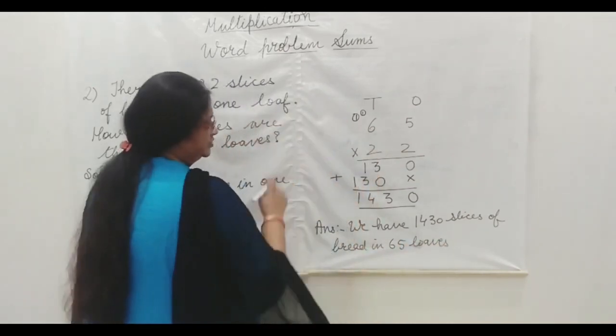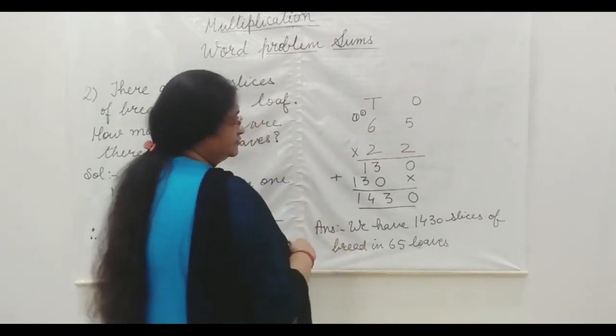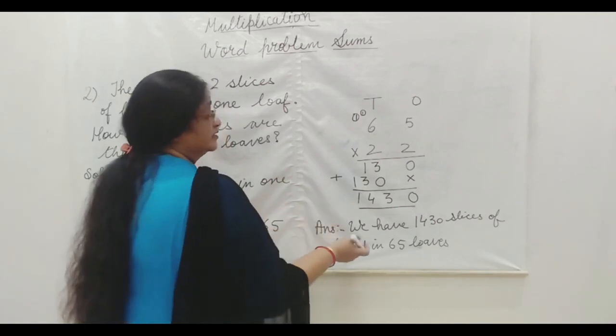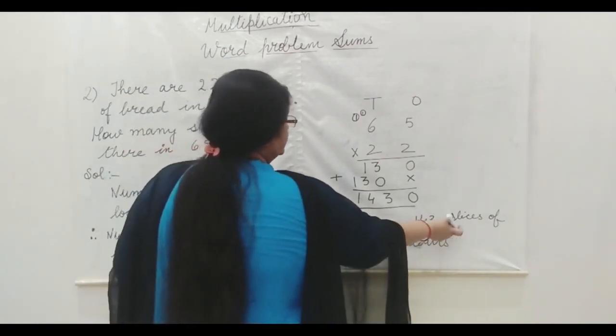In one we were having 22. So in 65 loaves, means in 65 packets of bread, we have how many? That is 1430 slices.